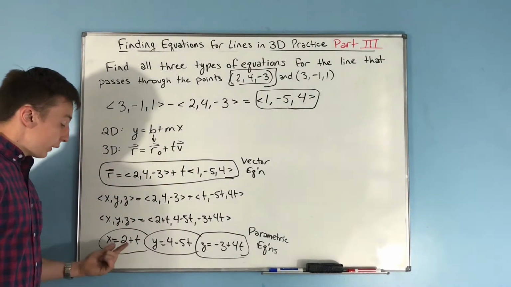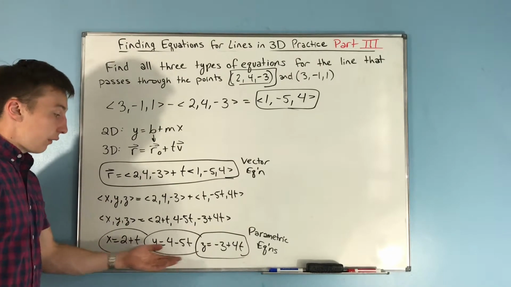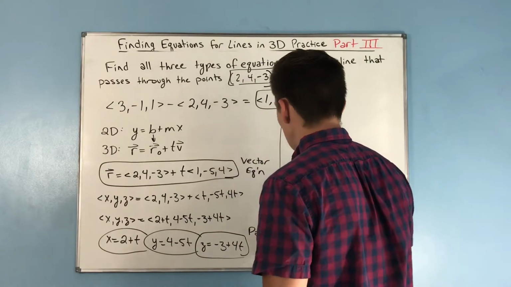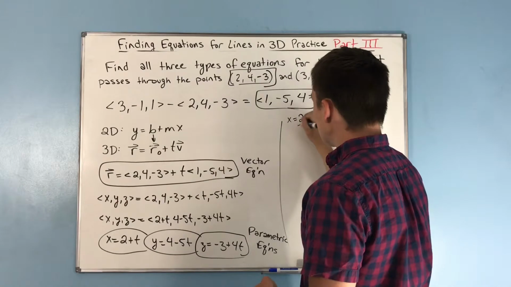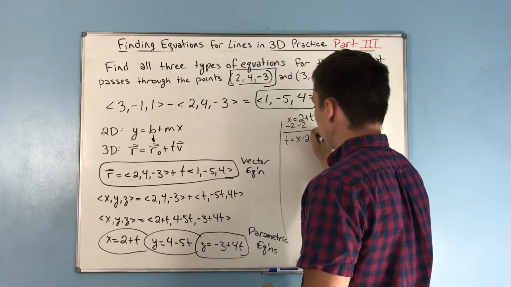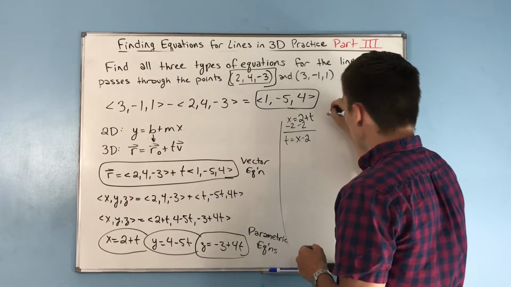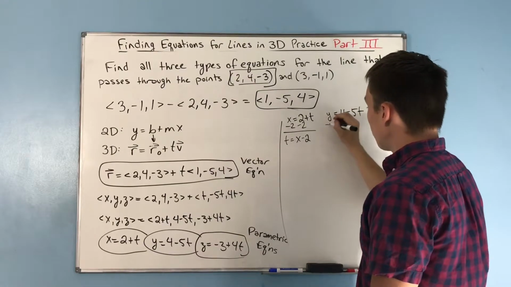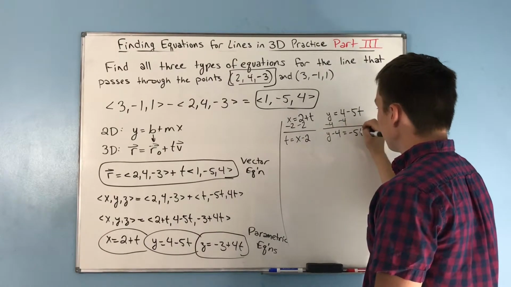Lastly, if we solve each of these equations for t and set all of them equal to each other, we get our symmetric equations. First, x equals 2 plus t, and we subtract 2 on each side to get t equals x minus 2. With y equals 4 minus 5t, we subtract 4 on both sides to get y minus 4 equals -5t.